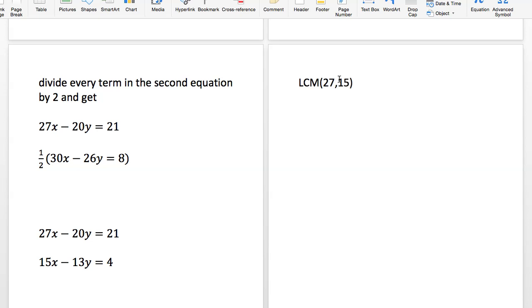I don't show this often because it's not always well received, but you can do this. 27 is 3 times 3 times 3, right? And 15 is 3 times 5. So that's just going to equal which term has more 3's?